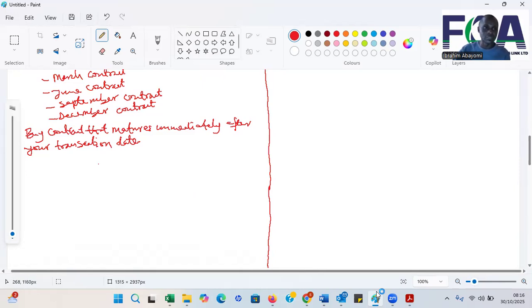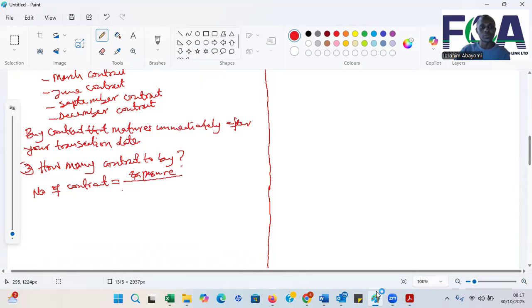Now go to the next one. How many contracts to buy? So number of contracts is equal to exposure over contract size.